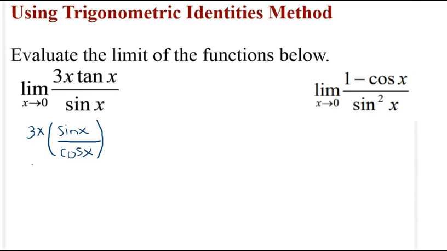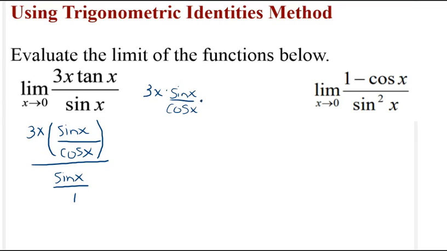And it's all being divided by sine of x, which you know sine of x as a fraction is sine over 1. Then if I keep change flip this, I have a fraction divided by a fraction. Keep change flip, I would have 3x times sine of x over cosine of x.